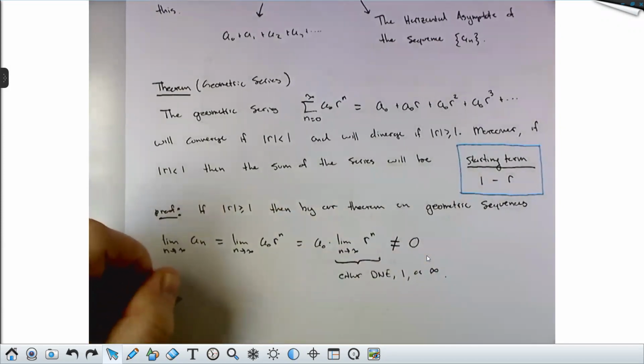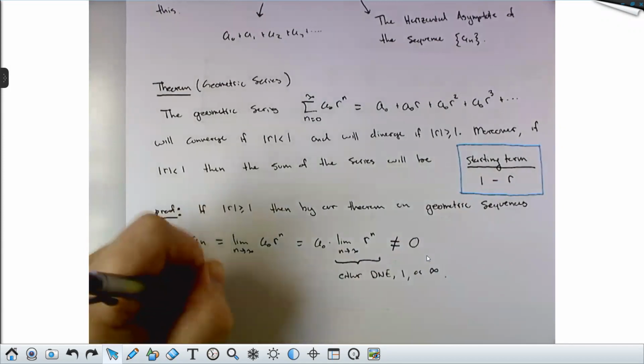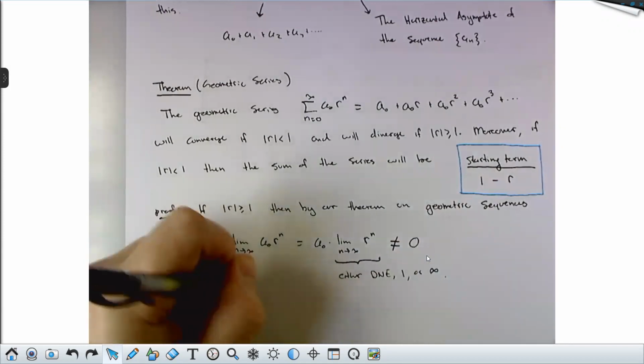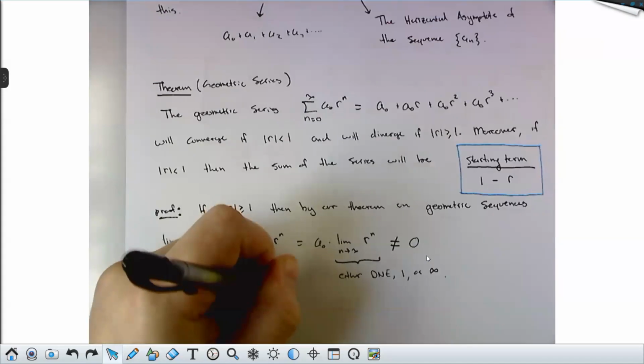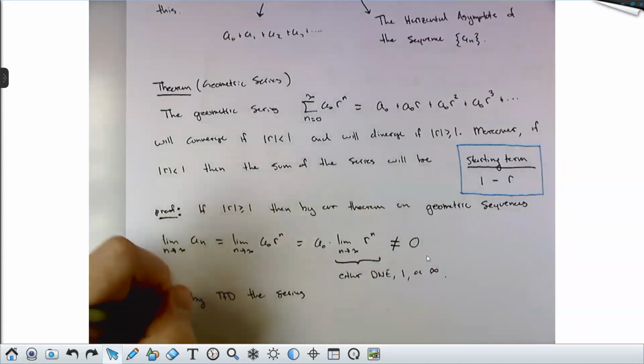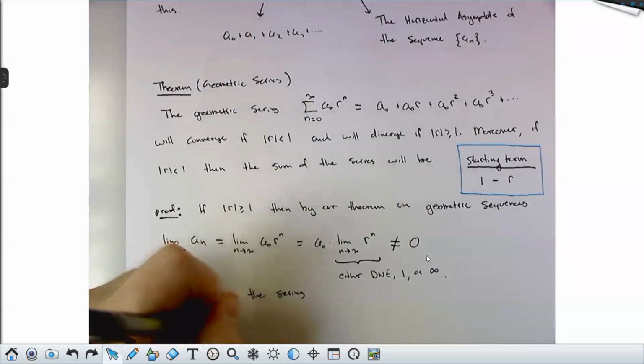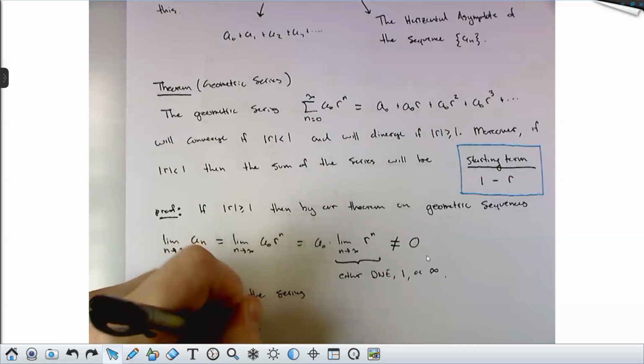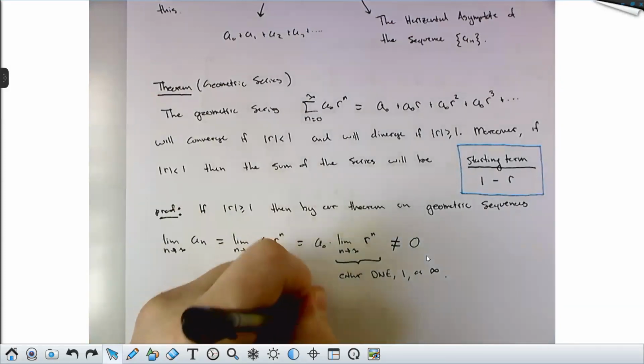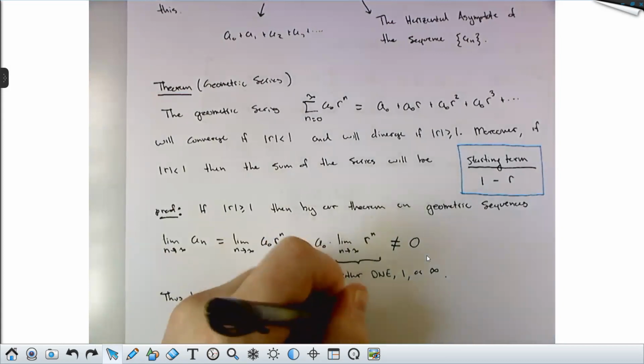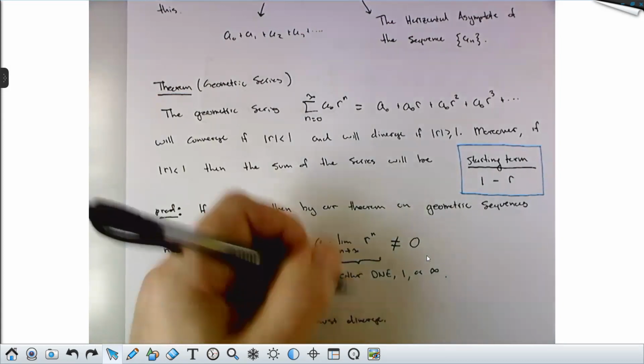Thus, by TFD, the series sigma n from 0 to infinity a_n, which is our series, sigma n from 0 to infinity a naught r to the n, must diverge.